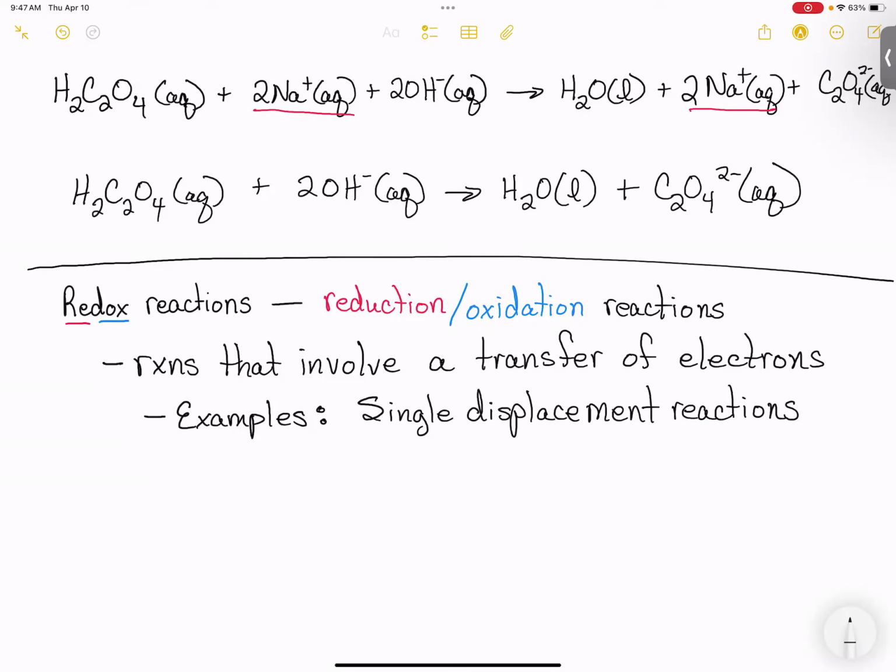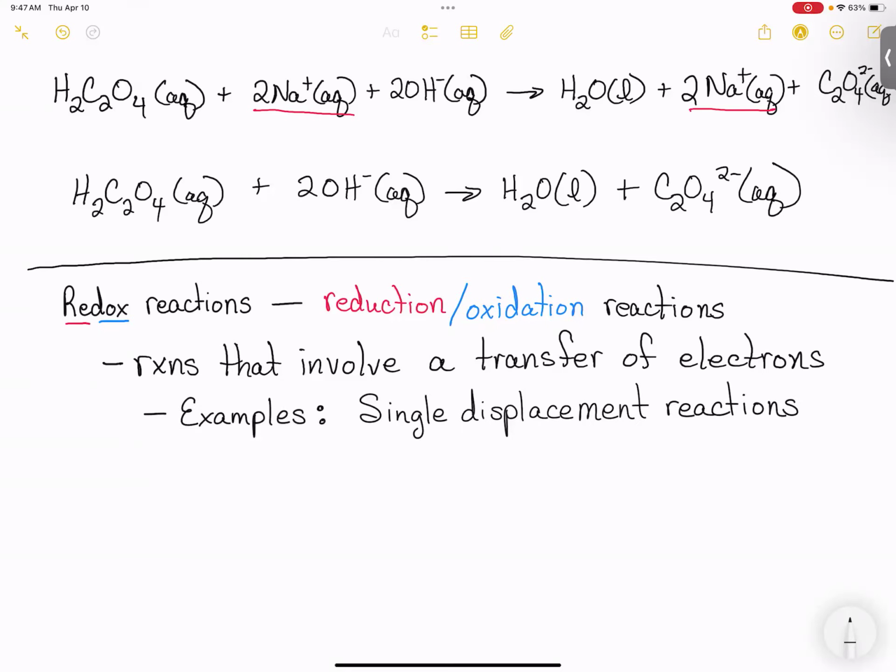It will include synthesis reactions, where two elements form a compound.